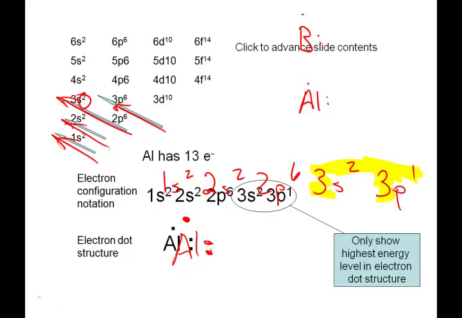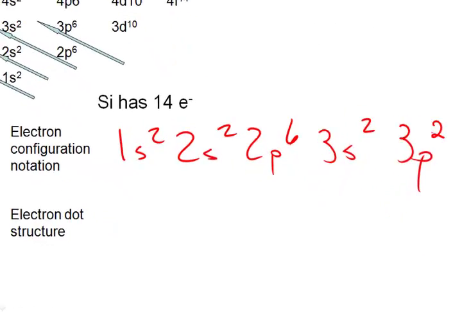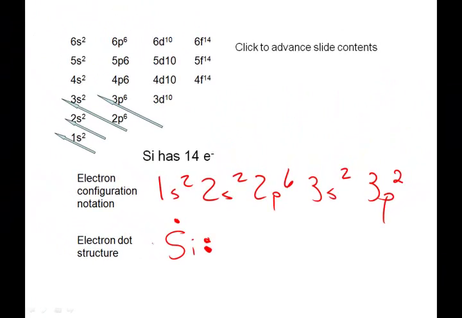Come on, computer. There we go, 3p2. So the electron dot structure for silicon is going to have the 2 electrons that are paired in 3s, but remember the 3p electrons are going to go into separate orbitals before they pair. So that's your electron dot structure.